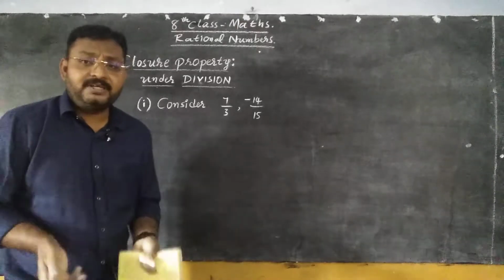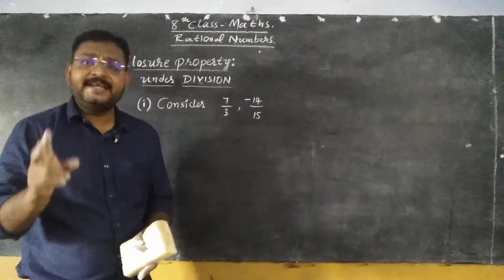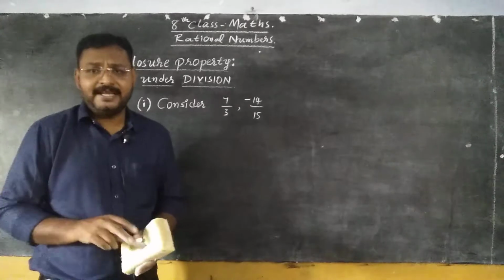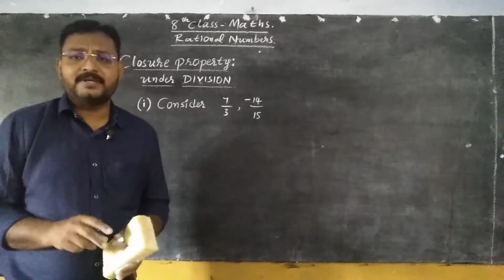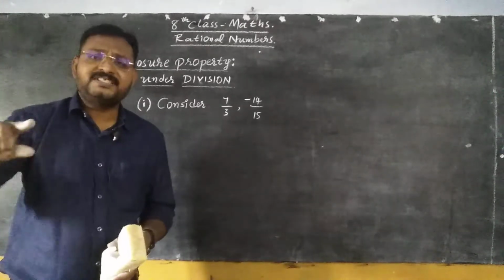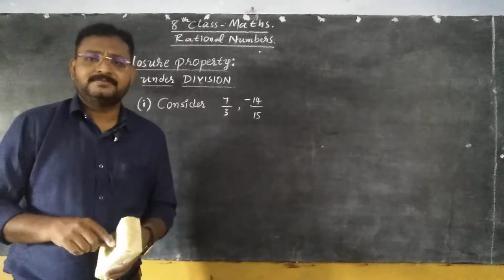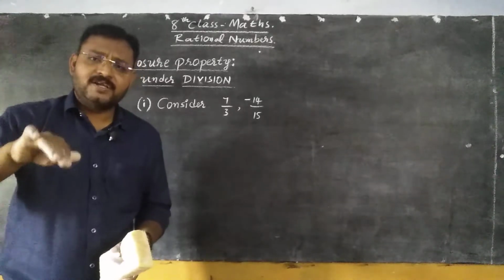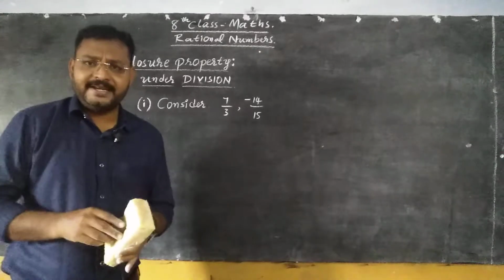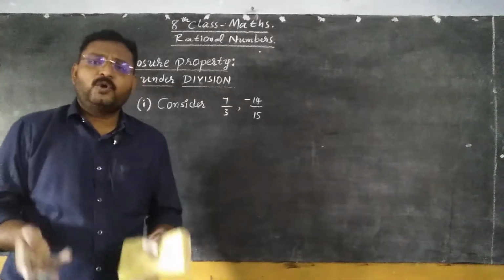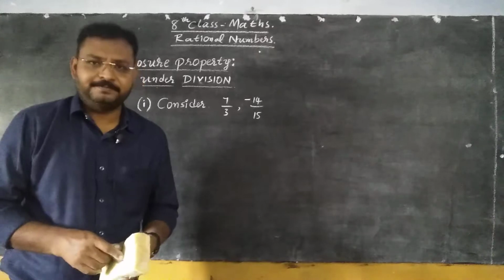Closure property says that take any two rational numbers and do their division. If their division is also a rational number again, then it is called closure property.